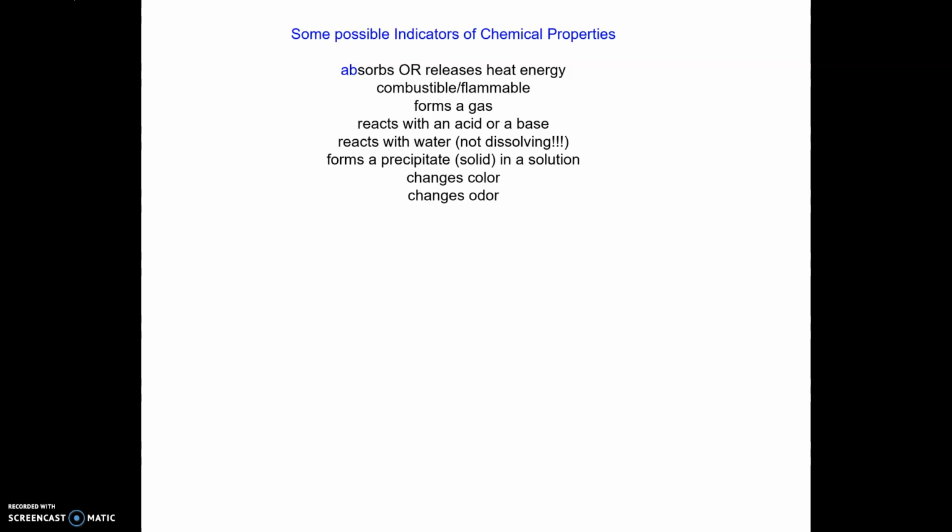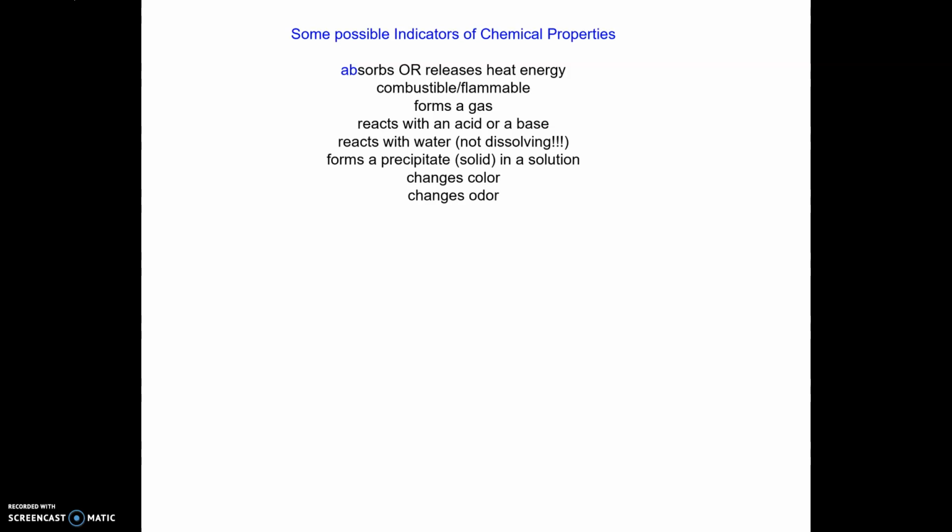Here are some possible indicators of chemical properties. Yes, this is in your notes, but later in this slide I'm going to give you a condensed version. Indicators of a chemical change are if it absorbs or releases heat or energy, if it's combustible or flammable, forms a gas, reacts with an acid or a base, or reacts with water. This does not mean dissolving; if it dissolves, remember that's a physical change.